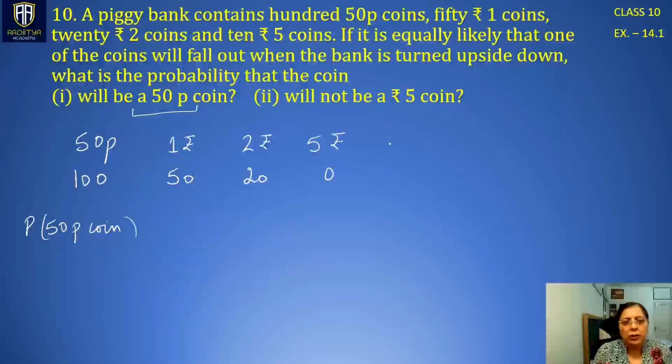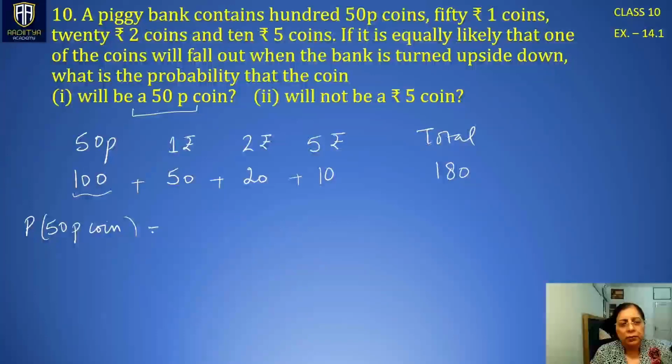First of all, we need to add all the coins. The total number of coins in the piggy bank is 100 plus 50 plus 20. This is 150 and 20, 170 and 10. We have 10 5 rupee coins. So all these add up to 180. Now this is 50 paisa coin.